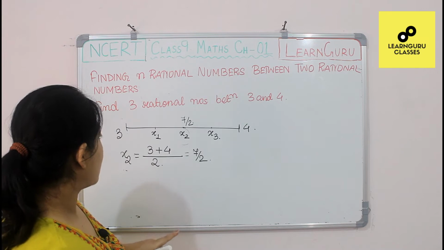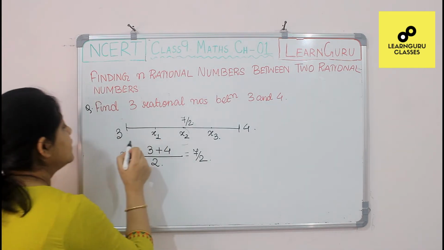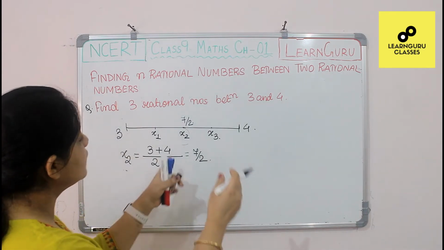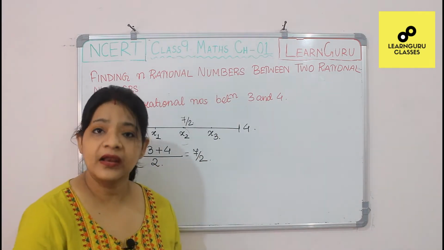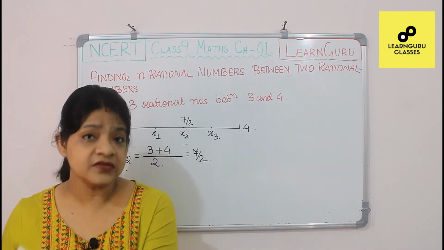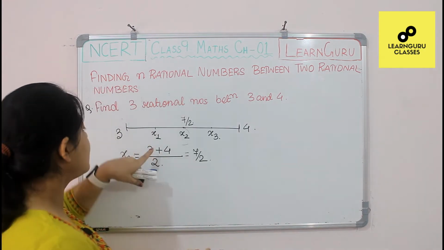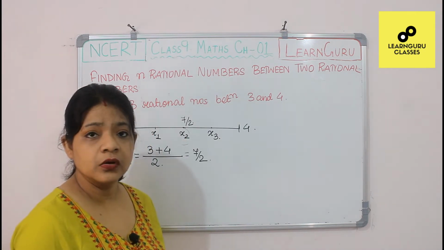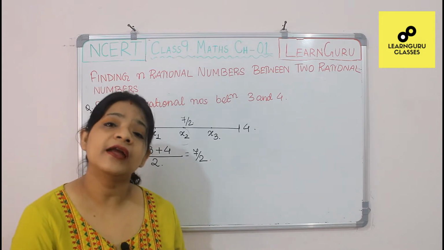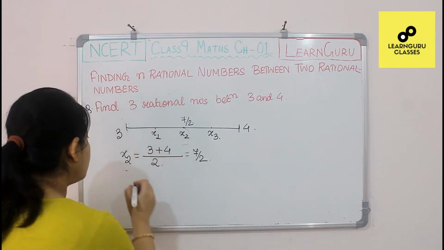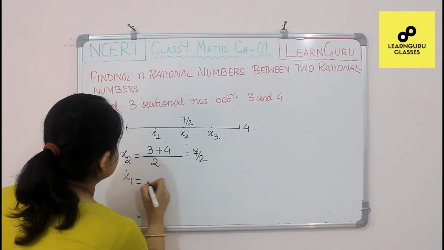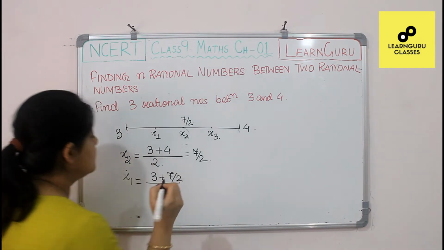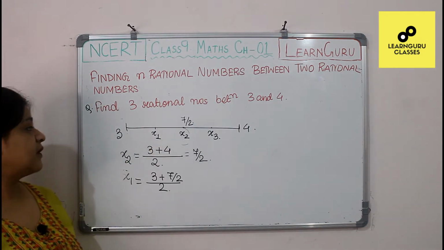Now come to x1. So x1 is between 3 and x2, and since all the 3 points are equidistant to one another, we can say that x1 is the midpoint between 3 and x2. So how will we find the value of x1? x1 is nothing but the mean of 3 and x2.